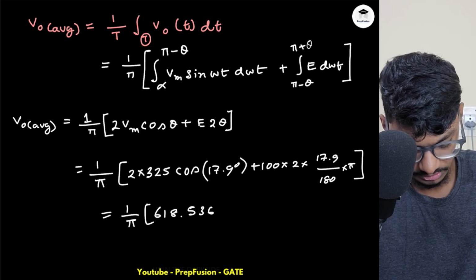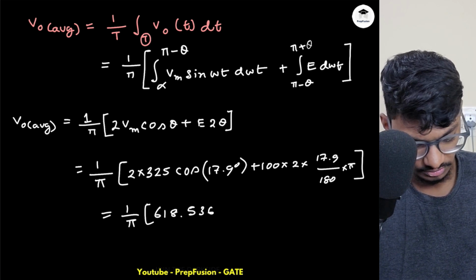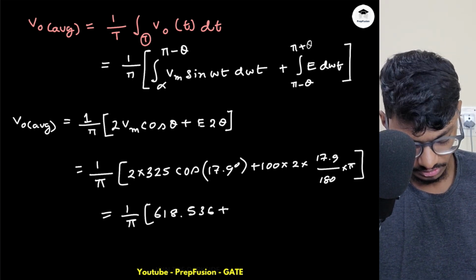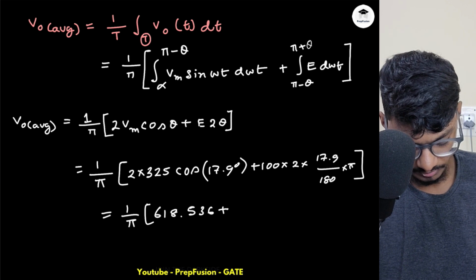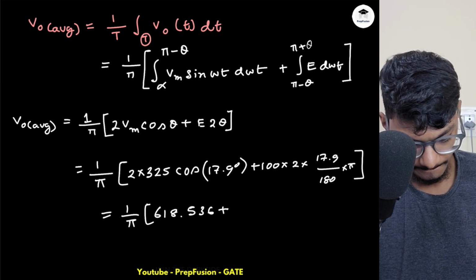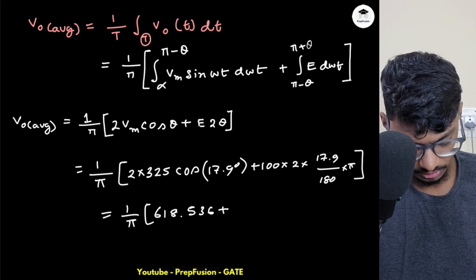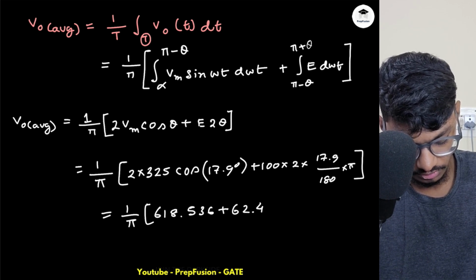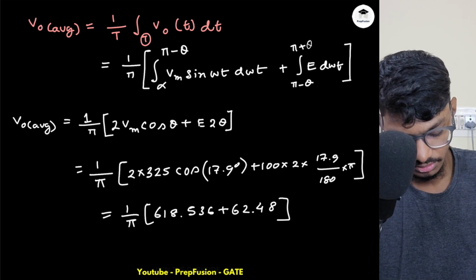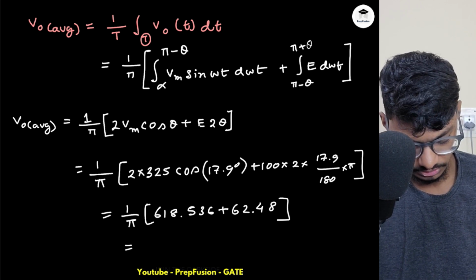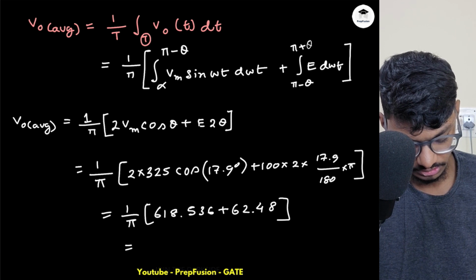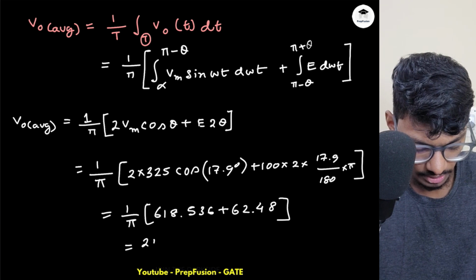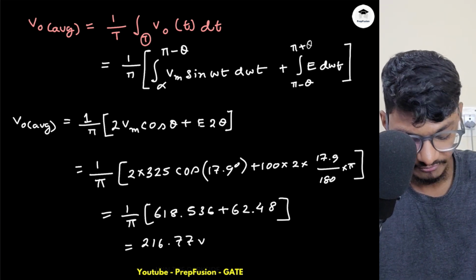Plus 17.9 divided by 180 into pi, into 2 into 100, so this will be 62.48. So 618.536 plus 62.48, divided by pi. So this voltage will be almost equal to 216.77 volts, and I have to compute the average current.